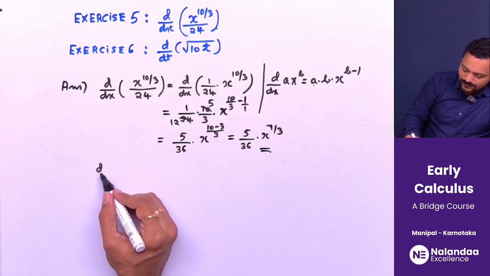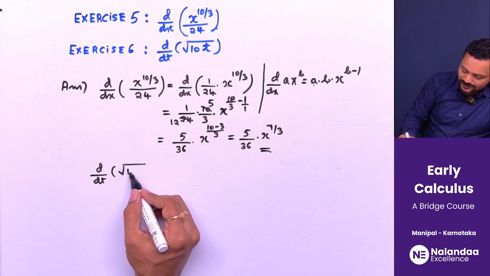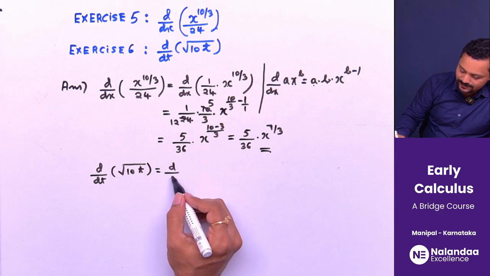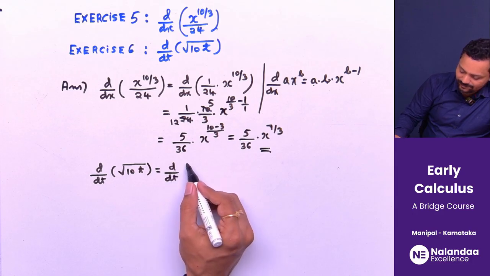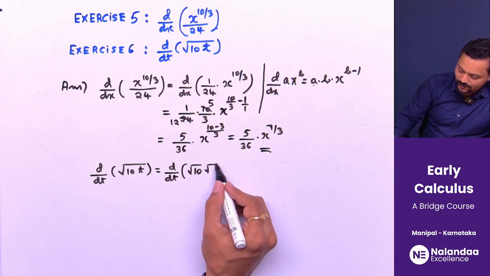Next, d by dt of square root of 10 into t. Now we can write this as d by dt of square root of 10 into square root of t.